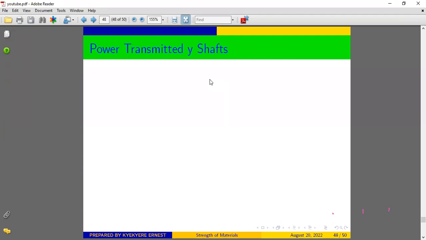So in studying torsion, our main aim is to use the shaft and its rotation to determine the power which we can transmit. So we can say that the power transmitted by the shaft will be equal to the torque times the angular velocity.